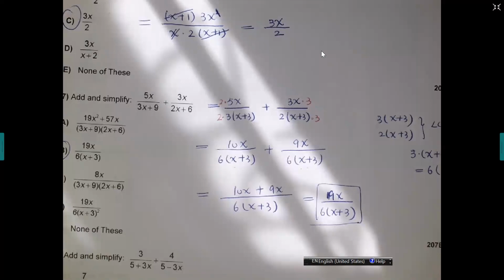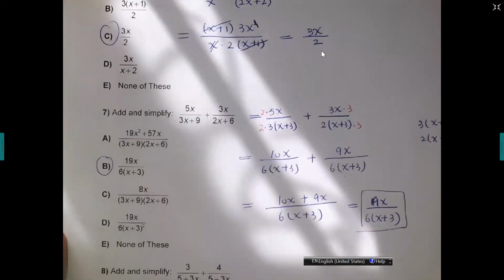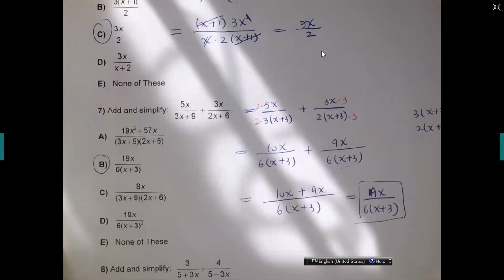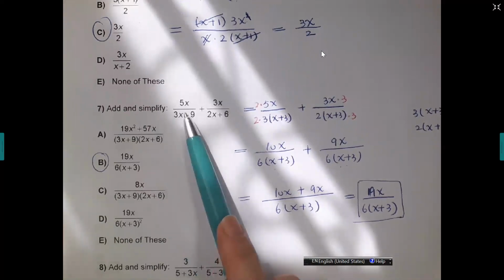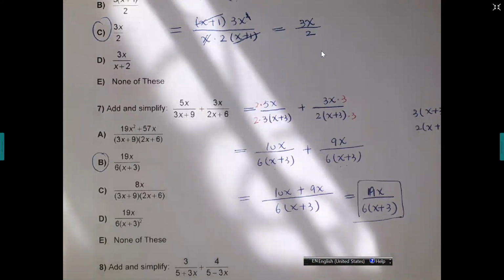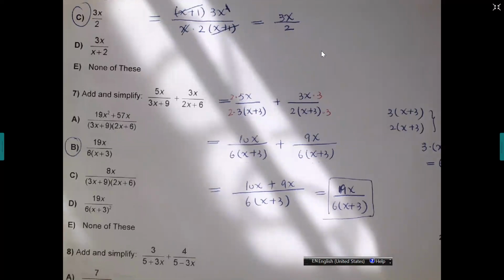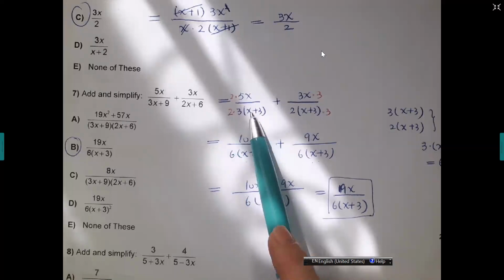Final answer. And starting from number 7, the addition problem is more difficult than the multiplication and division. It takes a lot of time. First, we have to factor the denominators, then look for their least common multiple, and then turn the rational expressions into new-looking ones.